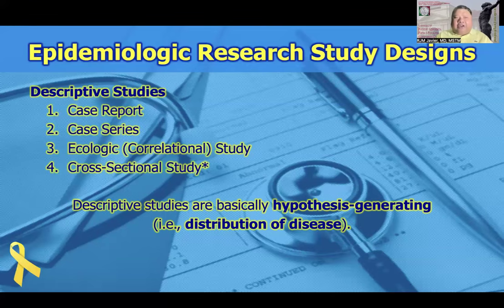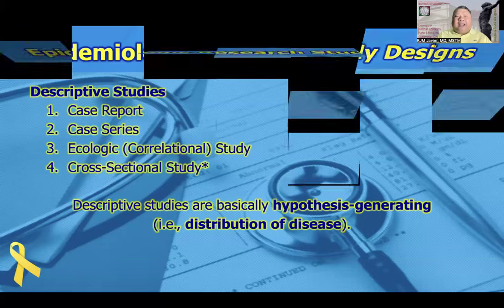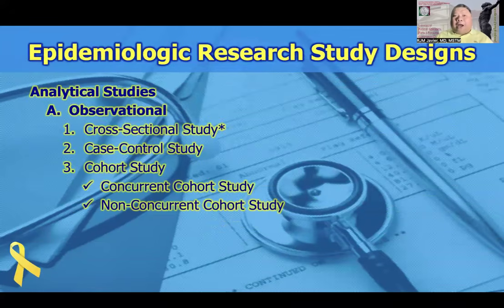On the other hand, your analytical study designs can be divided into your observational and your experimental analytical studies. When we talk of observational analytical studies, we would just merely describe things and look into possible association of variables without any induced intervention.